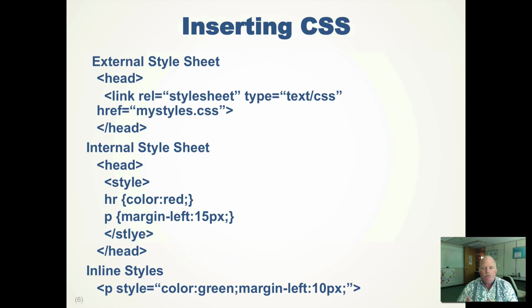So how do we insert these style sheets into our HTML? One of the easy ways is you create your style file. It's a set of select rules, like I said a couple of slides ago, in a text file. And then in the head, you say link, relationship, style sheet.